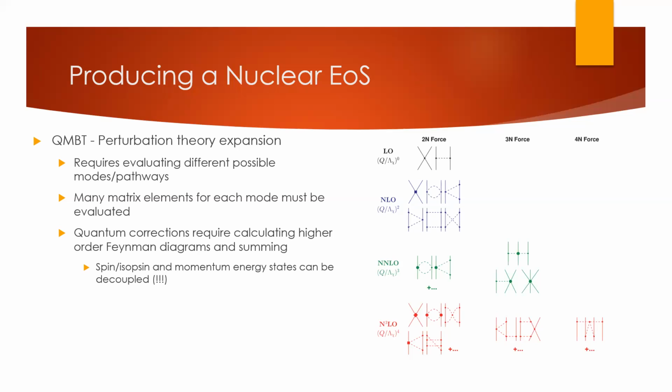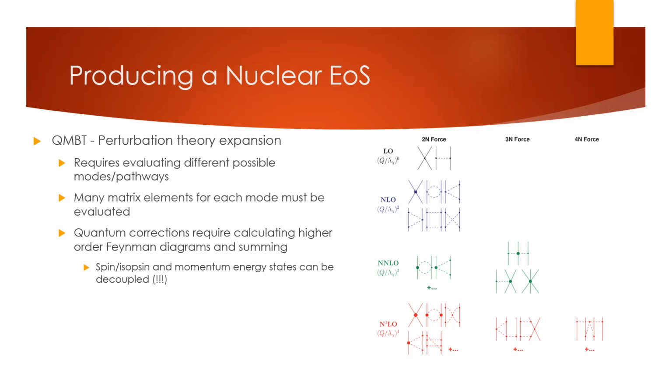In this expansion, we calculate many different orders, where as we go to higher and higher order, we're looking at higher order Feynman diagrams, more complicated interactions. So as you go down this diagram, you look at more complicated interactions where we might see 3 nucleons interacting, or even 4 as we go higher.